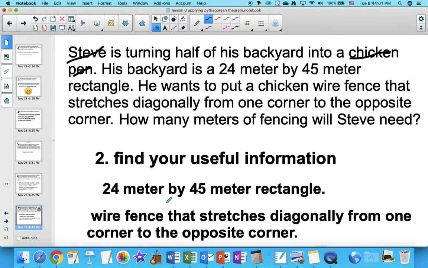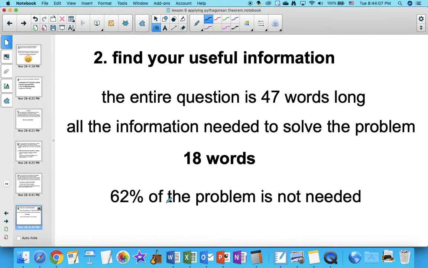So understand what the question is asking, step 1. Step 2, cut out the useless information and find your useful stuff. In this case, the question is 47 words long. The words we need in order to solve the question is 18. 62% of this entire question is not needed, right? So if you need to, you can rewrite the question.